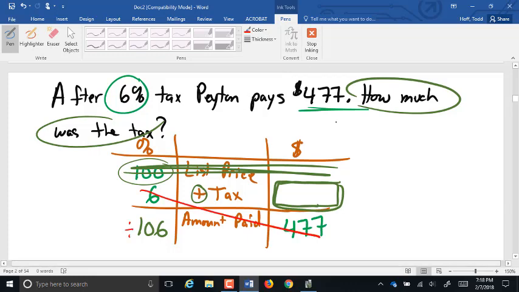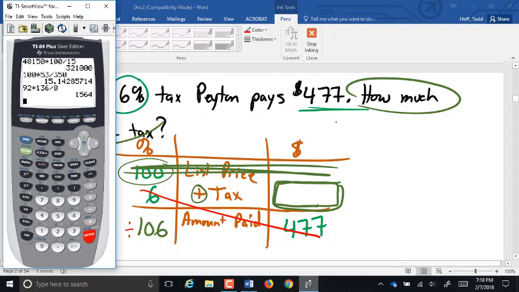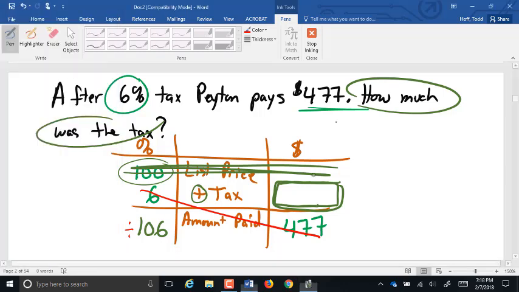Yeah, so it's 6 times 477 divided by the 106. The top number is determined by what over here, what we don't need on the other side. We didn't need this one, so we don't use the 100. I'll show you an example in a second where we cross out the middle row, though. So 6 times 477 divided by 106, what do we get, 27?